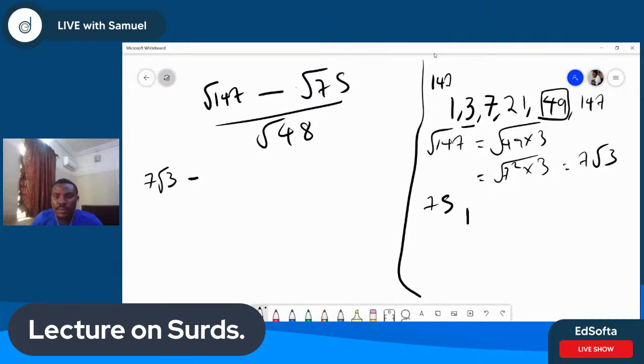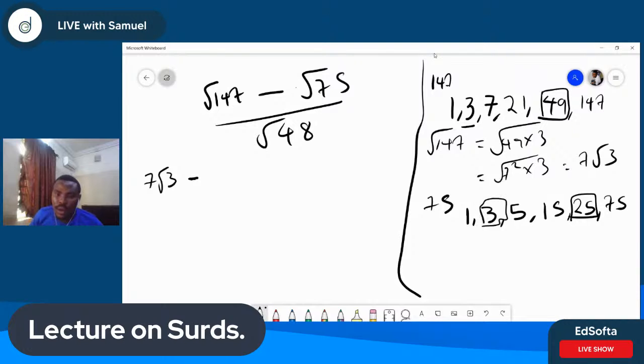75 will be 1, 3, 5, 15, 25, 75. Very simple. 25 is a perfect square and 3.